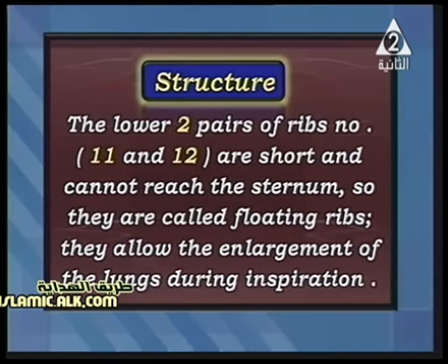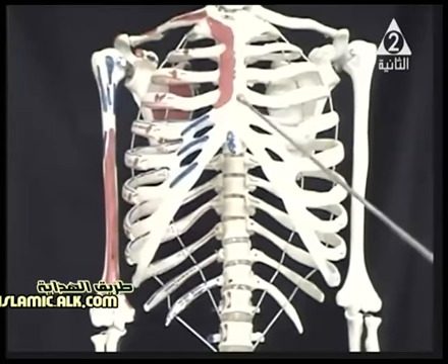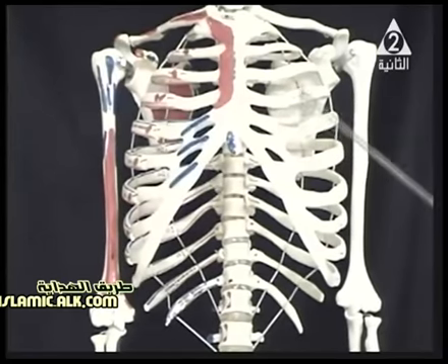Let's show something on video. As we said, it consists of three main parts: the sternum bone, which is a flat bone, and 12 pairs of ribs. Yes, excellent. Those are the ribs that we're going to point to.